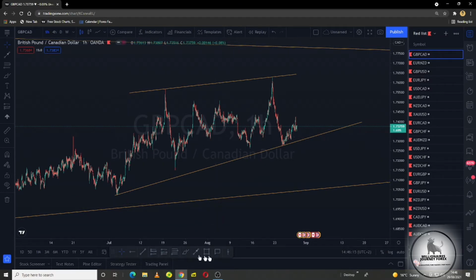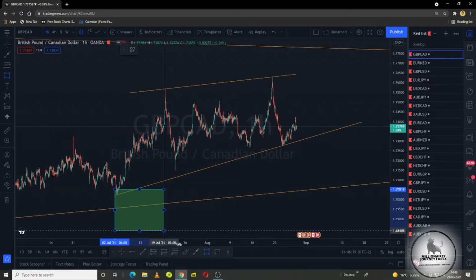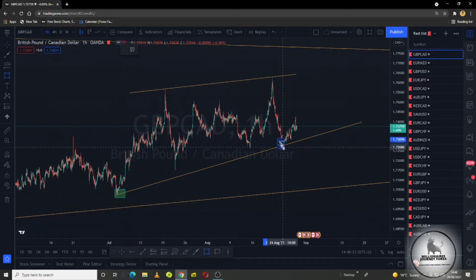As you can see, we just formed the first touch, we have a second touch, and then if we can get a deep touch somewhere here, then we can be looking for this market to push up. That's the only time I will take a trade from this pair.